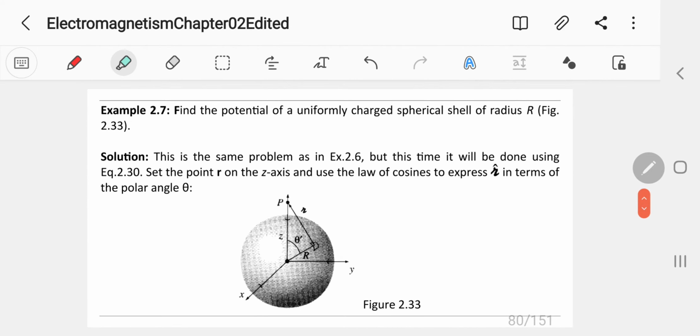So we set the point r on the z-axis to make the problem easier, and use the law of cosines to express the distance in terms of the polar angle theta.